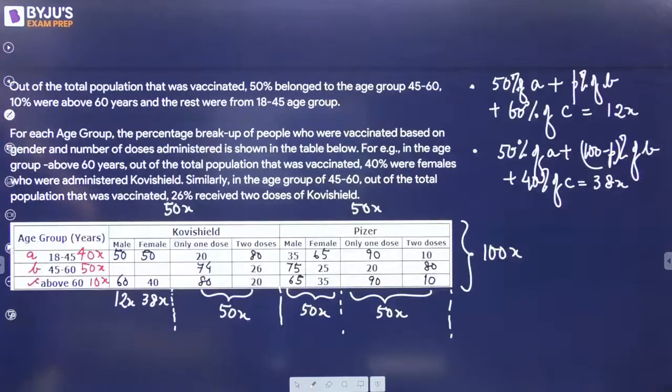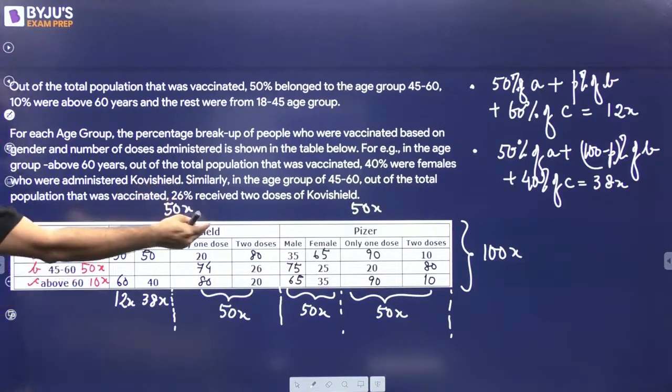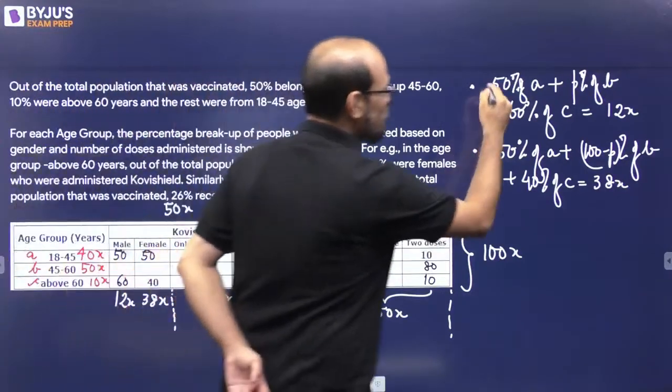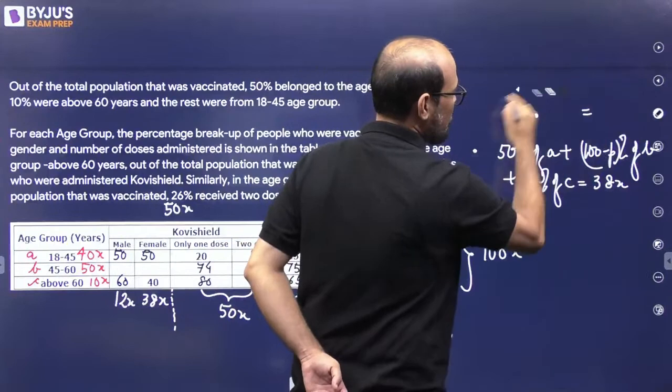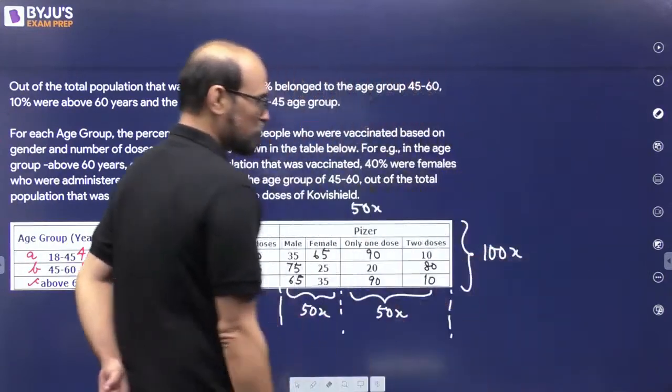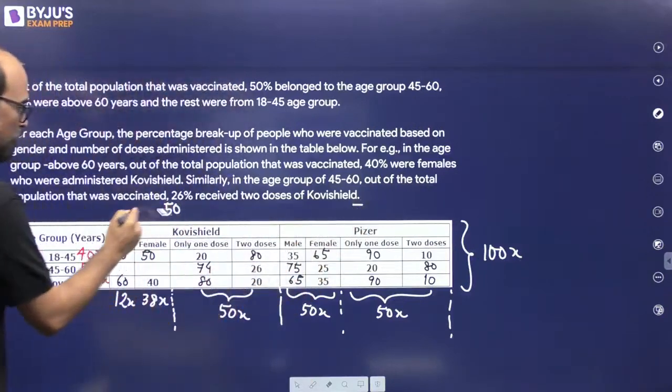It's completely different from what we have with 50x and 50x. It says in every age group, whatever the population is, half of it is here and half is there. That's why it was so difficult, something was going wrong, because even the equations would have so many variables that this wasn't going to work.